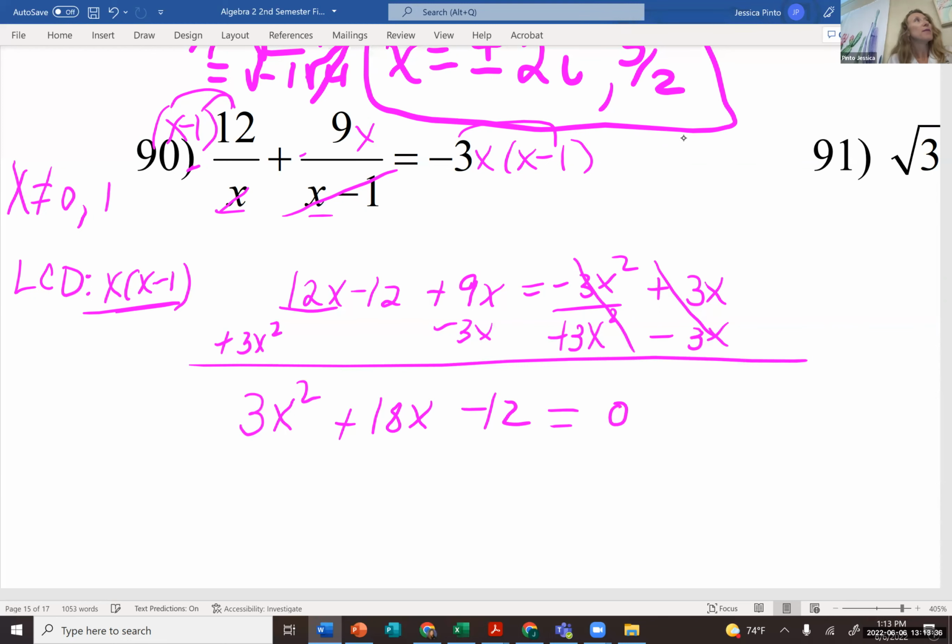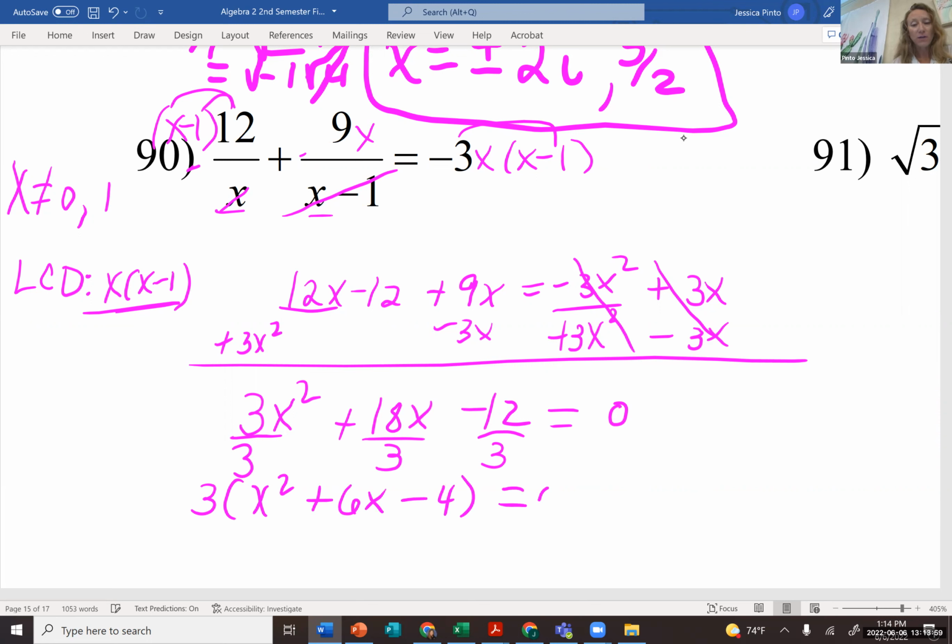All right, cool. So I'm looking at these numbers and I see that they can all be divided by 3. That brings me a lot of joy. And we'll just factor it like this. We've got x squared plus 18 divided by 3 is 6x minus 4.